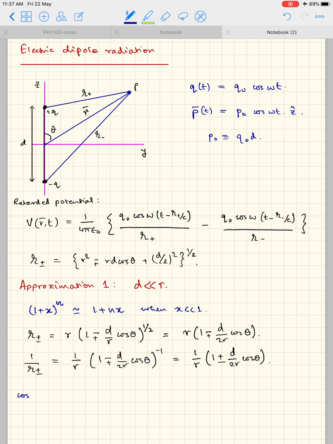So cos of omega t minus r plus minus over c.